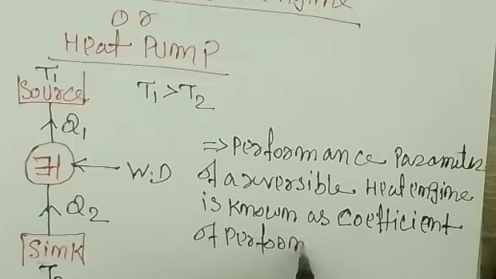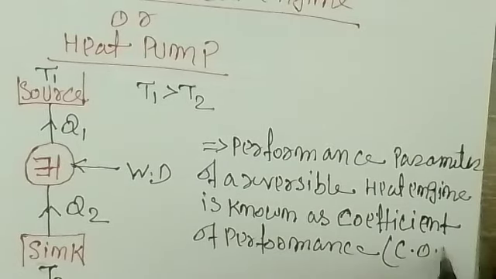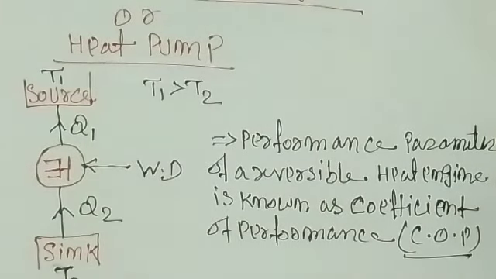Coefficient of performance, that in short we denote as COP. So the performance parameter of a reversible heat engine is known as the coefficient of performance. In short, we will call it COP.